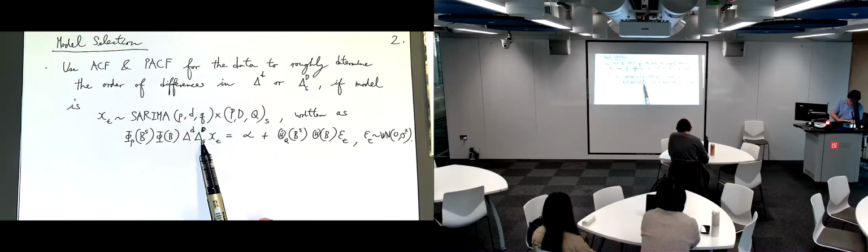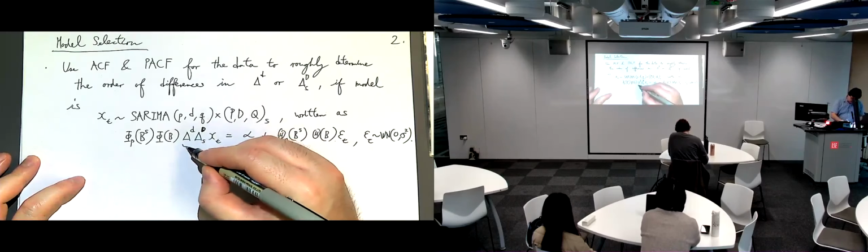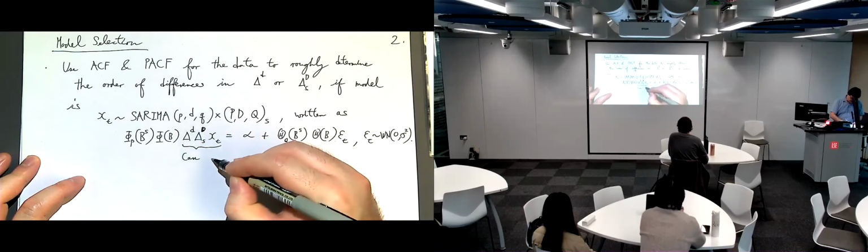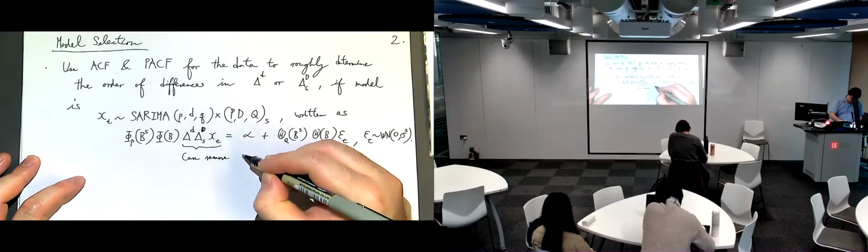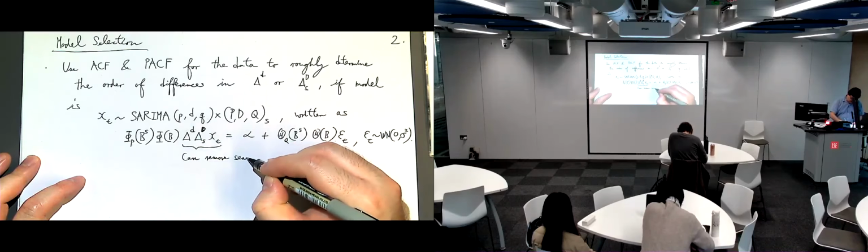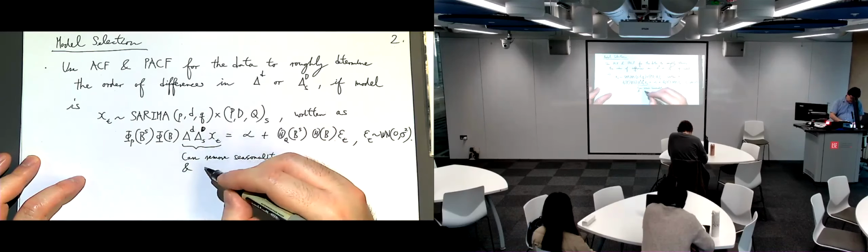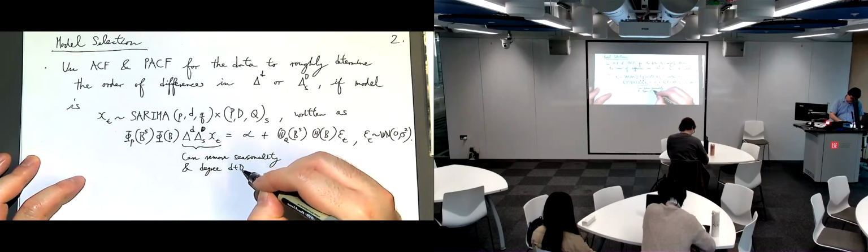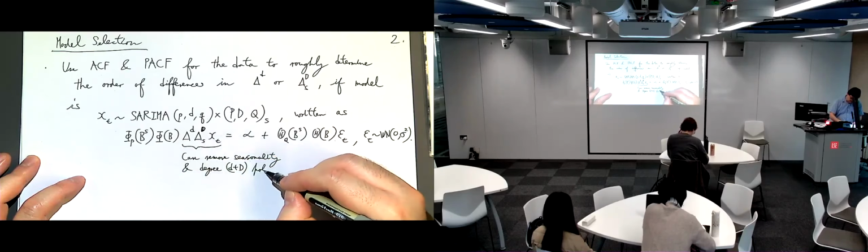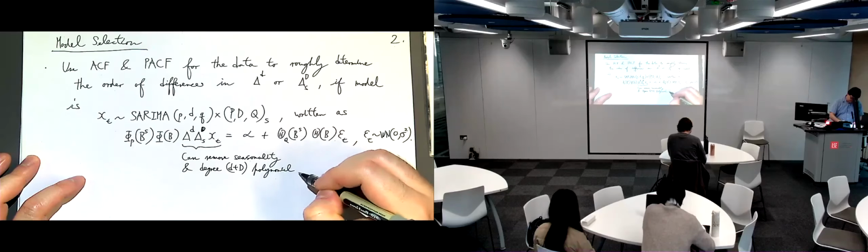Remember, the delta S here actually, d, little d plus big D, okay? Remember, seasonal difference also can remove a polynomial trend, okay? So this here can remove seasonality and degree d plus D polynomial. Okay?